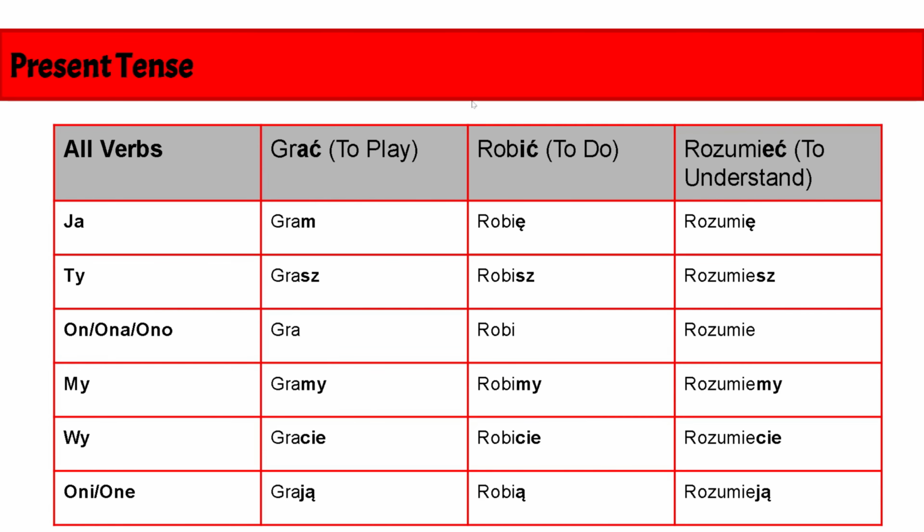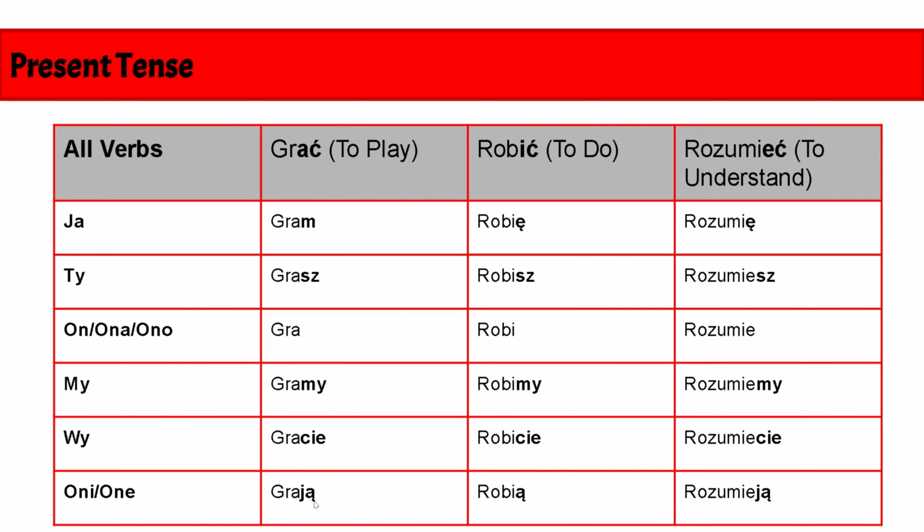Now we're just removing that ć, so we just have gra. My gramy. We're adding that my instead of a ć, so we have my gramy. Wy gracie. Same thing, we're just replacing that ending. Wy gracie, you all play. Oni, one grają, they play. We're adding that ją at the end.